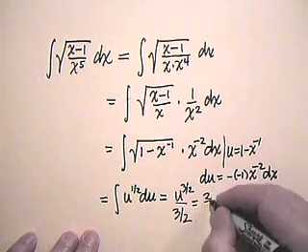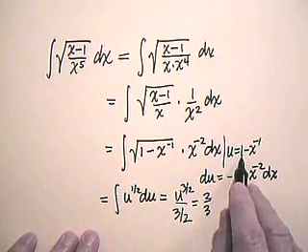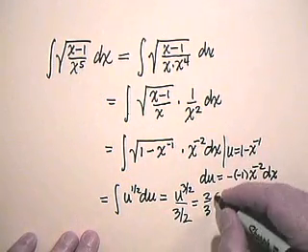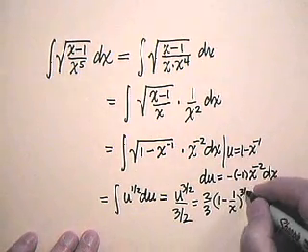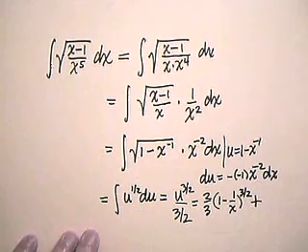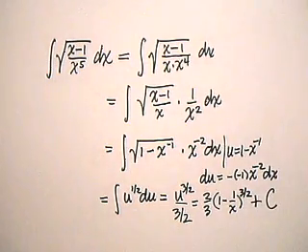That is 2/3 u to the 3/2. Well, what's u? u is 1 minus x to the negative 1, or 1 minus 1 over x, all to the 3/2. And finally, don't forget to add the big capital C.